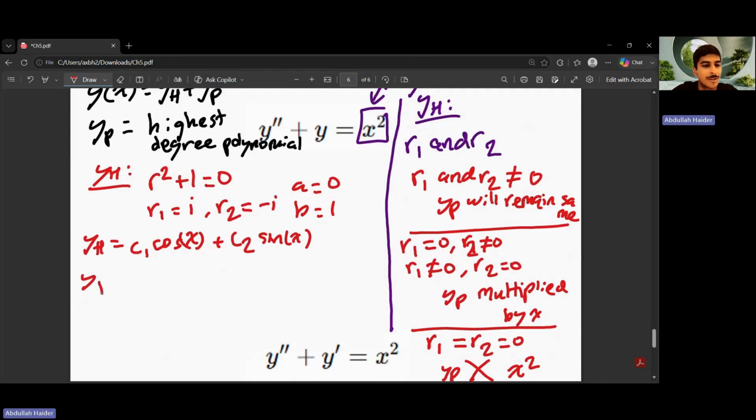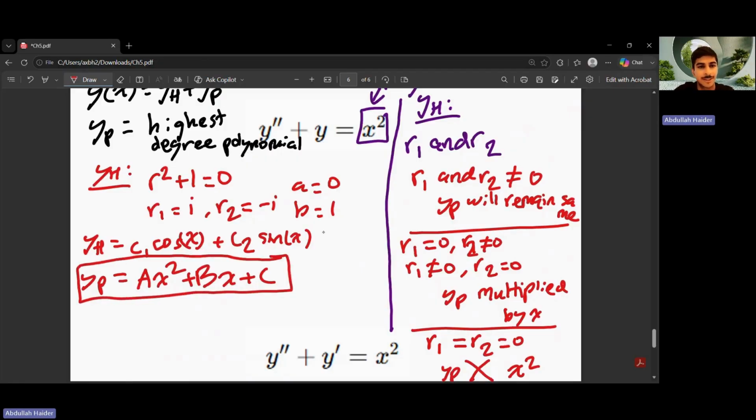And as I said, yp is going to be the highest degree polynomial of f of x on the right side, so ax squared plus bx plus c. We won't multiply by x because none of the r's are equal to 0. As I said, if r1 and r2 are not equal to 0, yp will remain as is. We will see r1 equal to 0 in the next case.